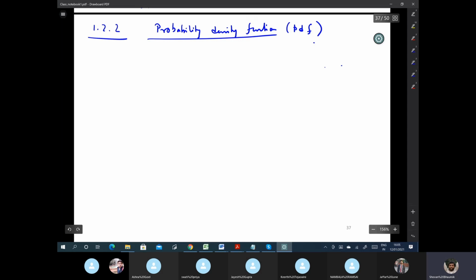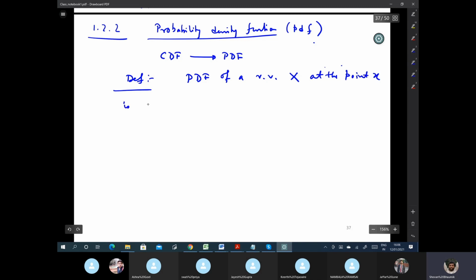So we come to the PDF, probability density function, from the CDF. How? Generally we define it like that. Later we don't need to do it, but in the definition we do like this. So the probability density function PDF of a random variable X at the point small x, we call it small f.